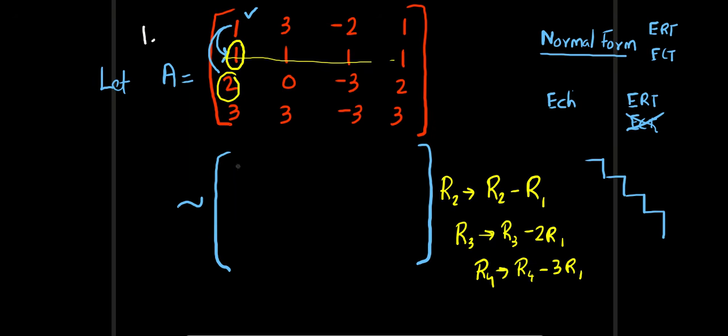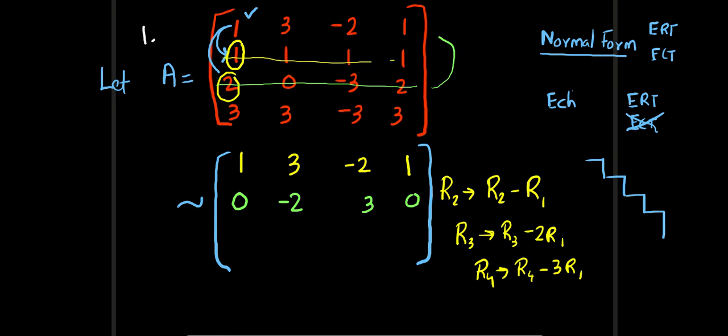So here we go. So there is no change in the first row. So I'm going to write 1, 3, minus 2, 1. Now the second row is going to change and the operations are over here. So 1 minus 1, that will be 0, 1 minus 3, minus 2, and then 3, and then 0. Now remember, the operation is different. So you have to subtract 2 times this.